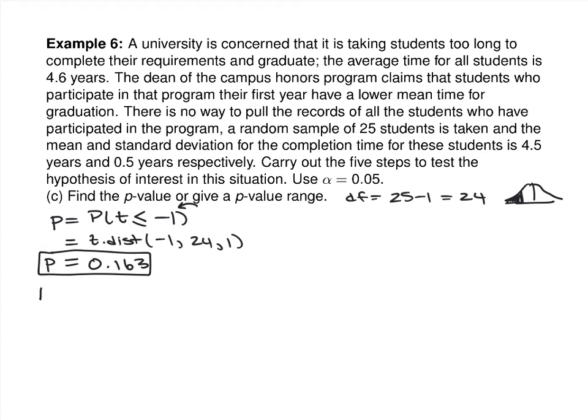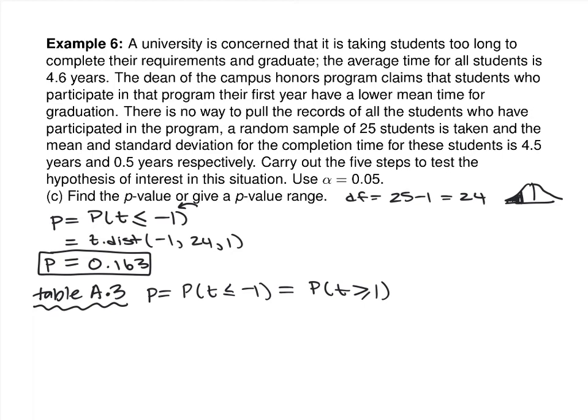Let's talk about how to use the table, just in case you're asked to use the table to estimate on an exam. Okay, so in the table, probability t is less than or equal to -1 will be the same as the probability t is bigger than or equal to 1. Excel goes to the left, the table goes to the right. It's really annoying, can't fix it, so sorry.